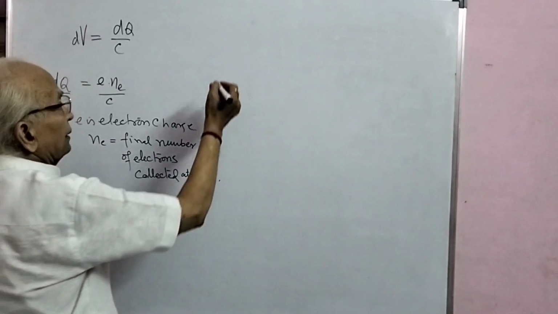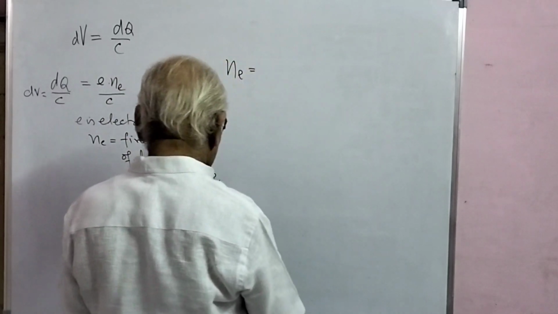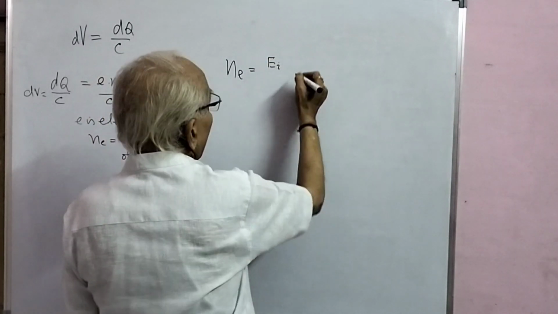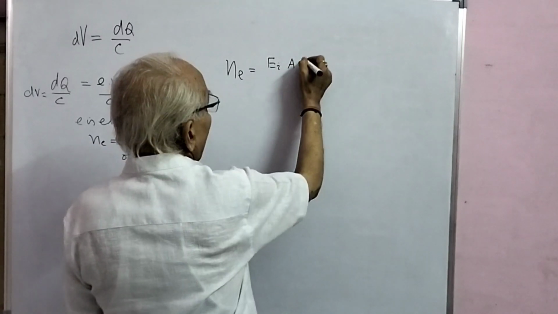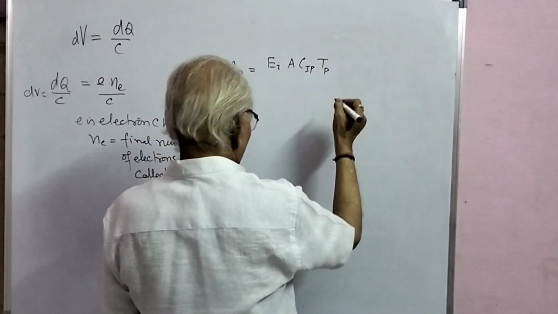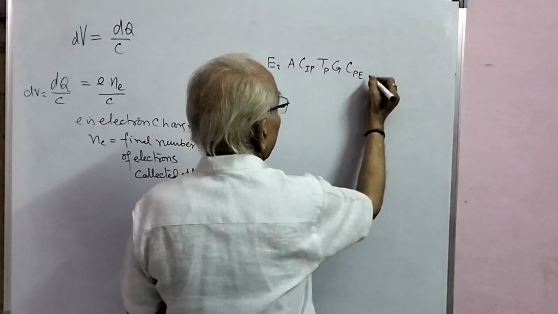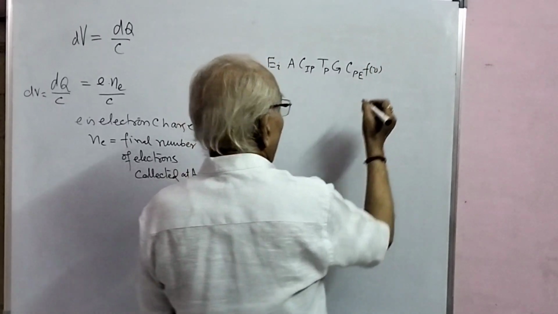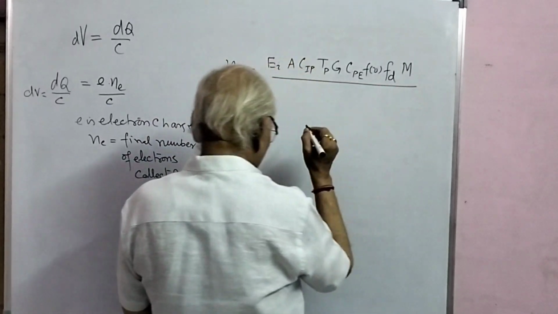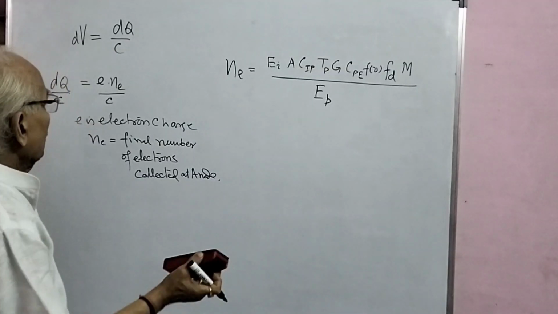I can write now, Ne is given by, from empirical calculation, Ne equals EI times A times CIP times TP times G times CP F nu times FD times M over EP. Now I will explain these various terms, what these terms mean.